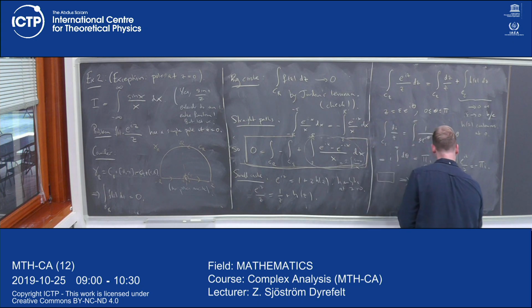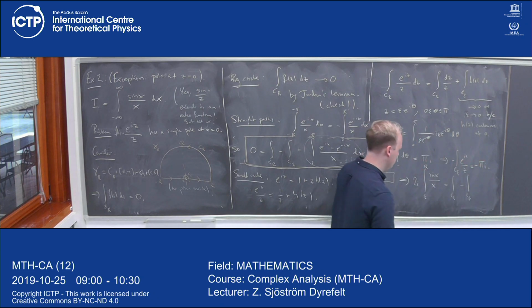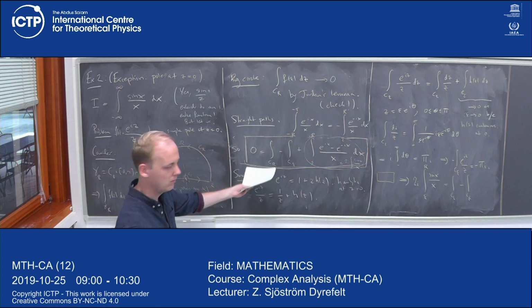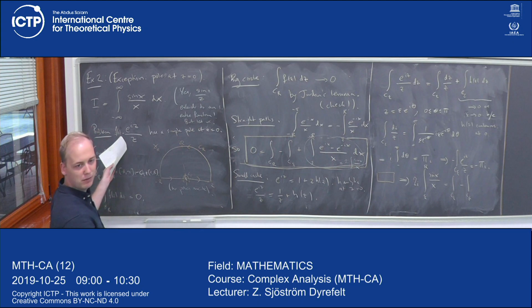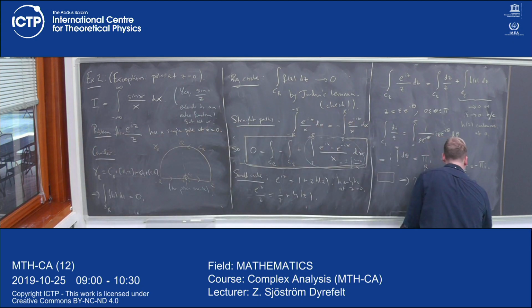So this is equal to the integral along C epsilon minus the integral along CR of the appropriate things that we had here, which was this f(z). So the integral of f dz. And we already computed that this tends to pi i, and this tends to 0.